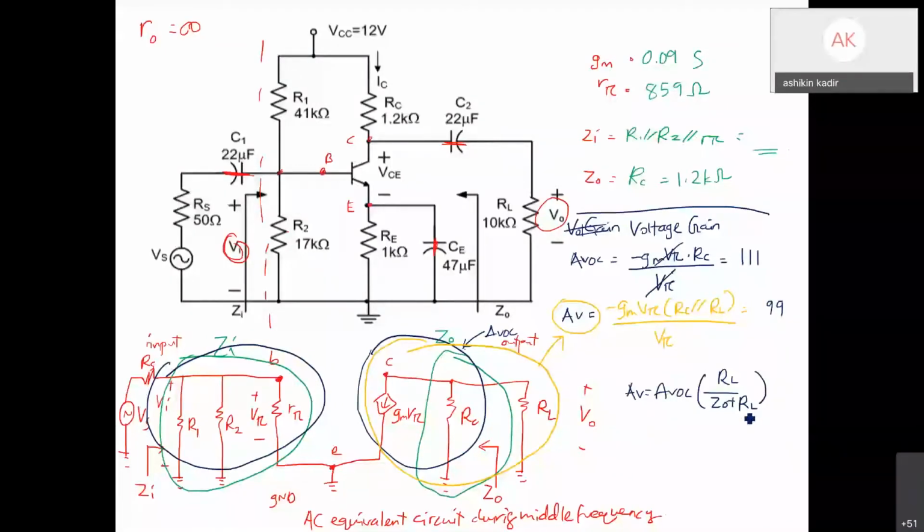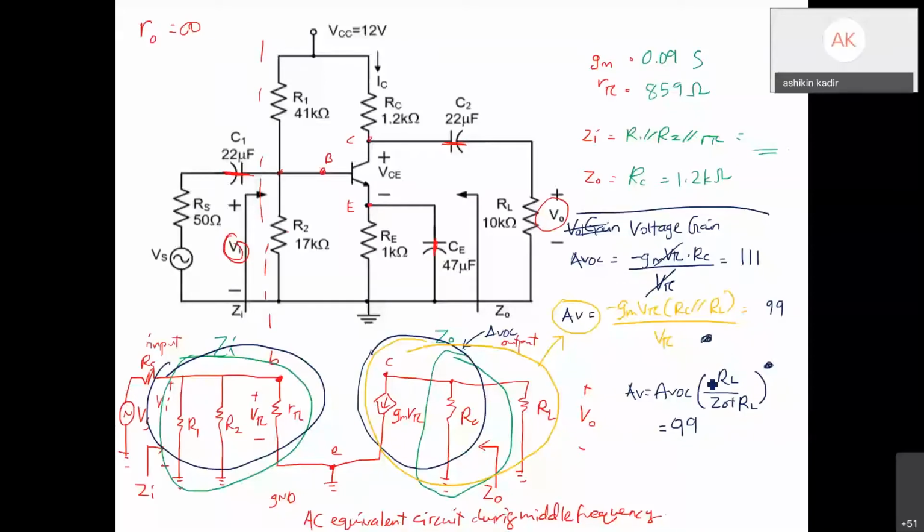So this one you get 99.1. You can choose to use Ohm's law or you can choose to use the equation. So it's up to you.